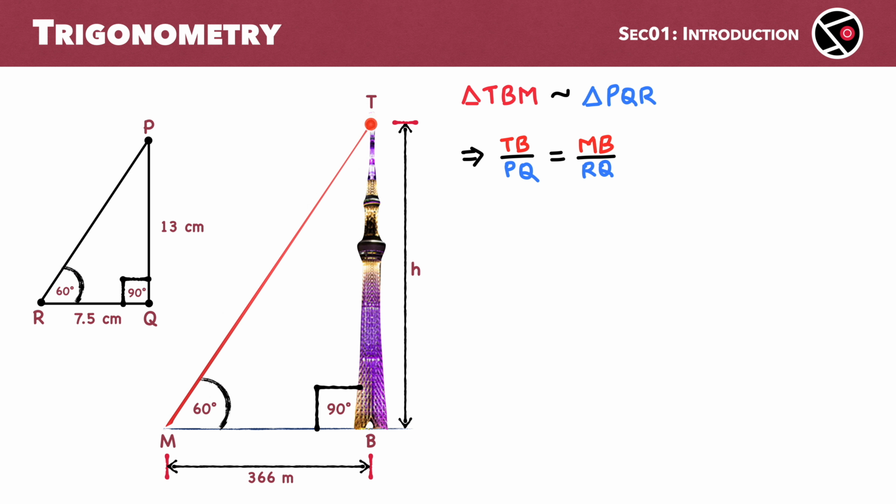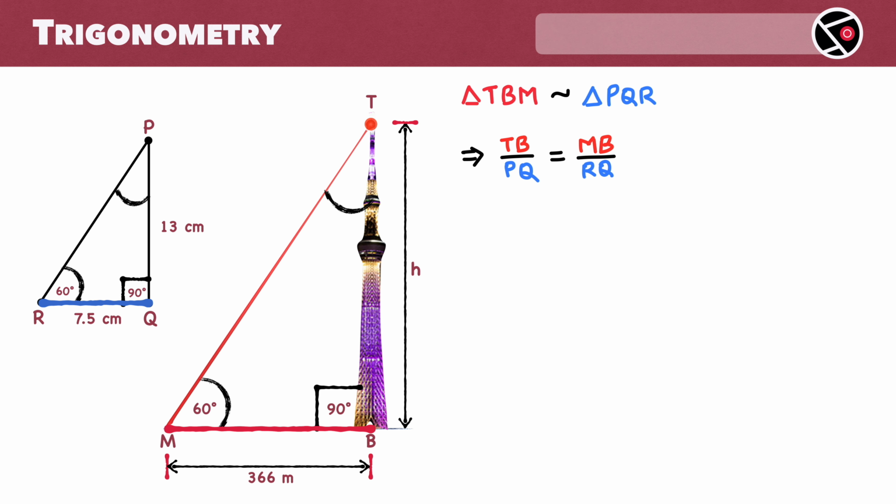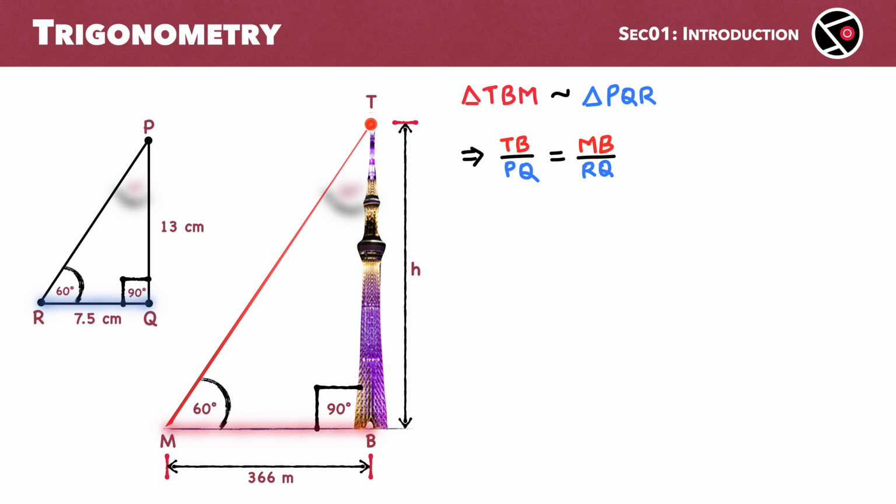And this also means that the last pair, MB and RQ, will also correspond to each other. Oh, and by the way, the third angle in both triangles is also the same. Why? Because 180 degrees minus the sum of 60 and 90 gives us 30 degrees. So third angle is 30 degrees for both the triangles.